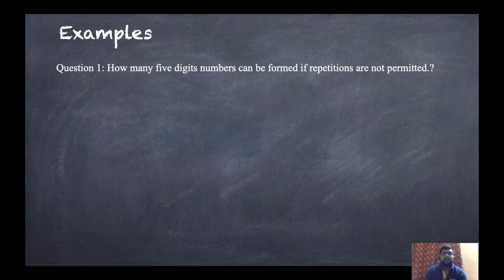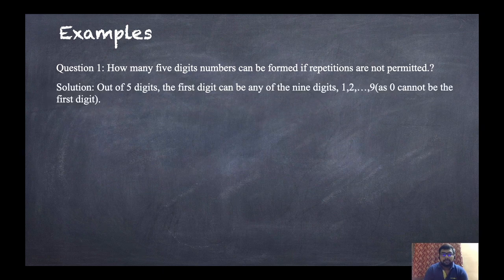First, how many 5-digit numbers can be formed if repetitions are not permitted? So here repetition is not allowed. Now we want to construct 5-digit numbers, and we know how many unique digits there are: 0 to 9.